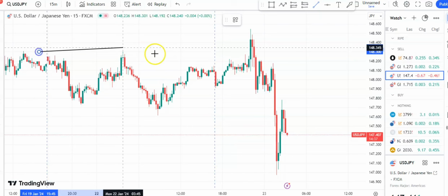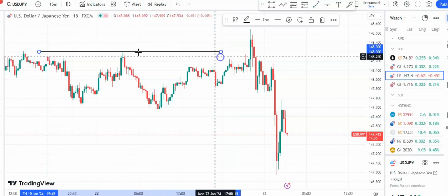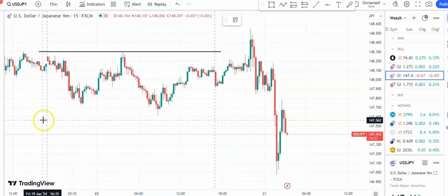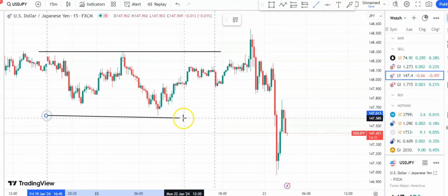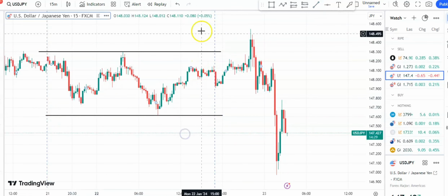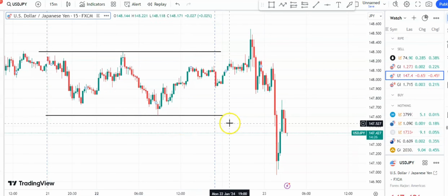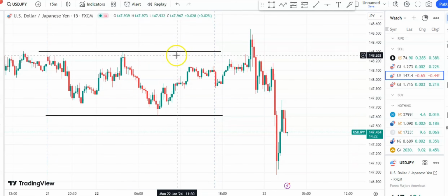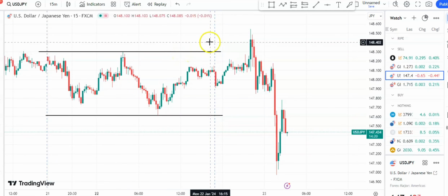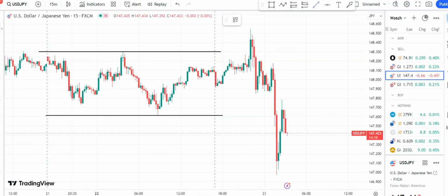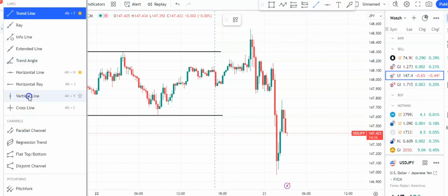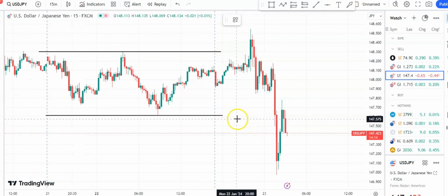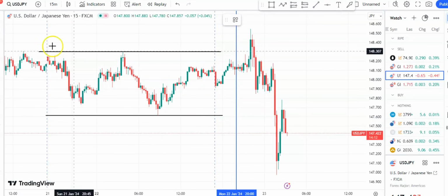Now, this is also an inside day, and inside days are very notorious for having a lot of liquidity at the high or at the low. So it's also another area where price might come back to later. So let's look at our timing window, from 20 to 23.